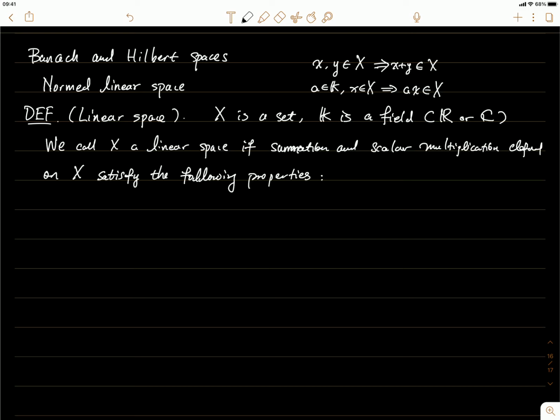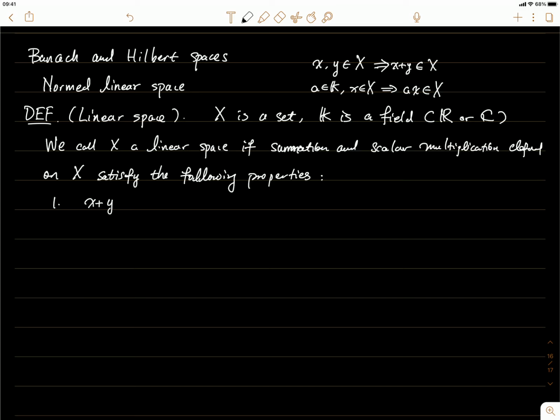But these two operations are not arbitrary. They have to satisfy the following properties. There will be eight of them. The first four are about the summation.